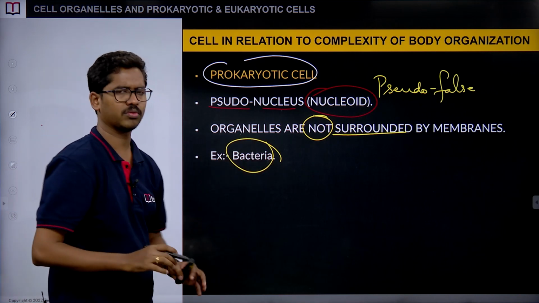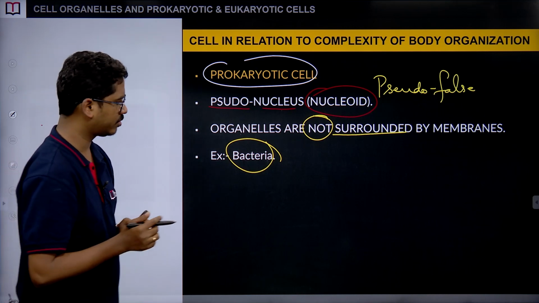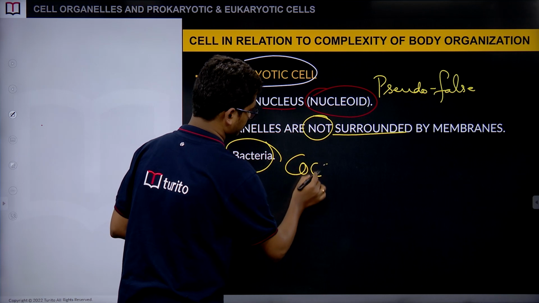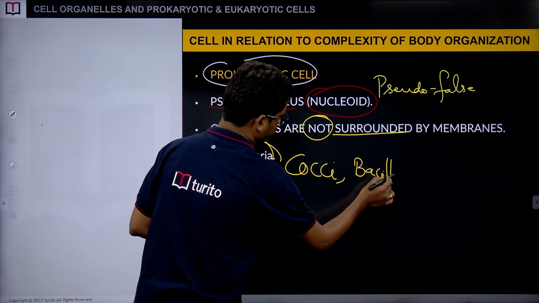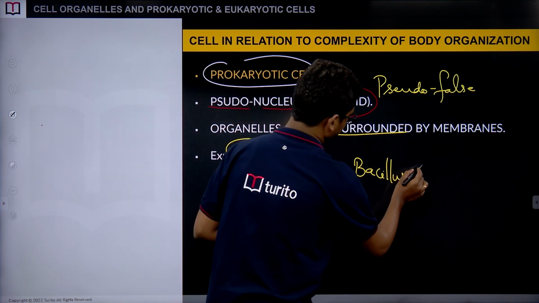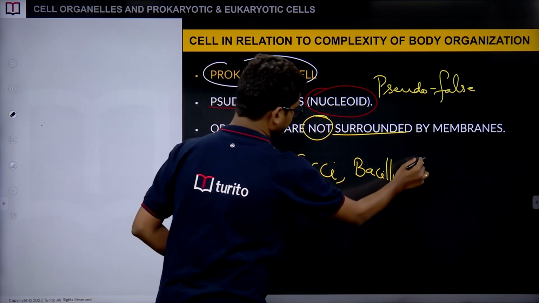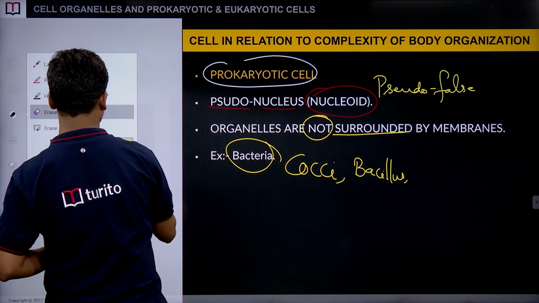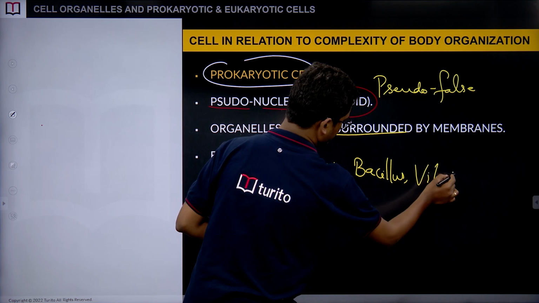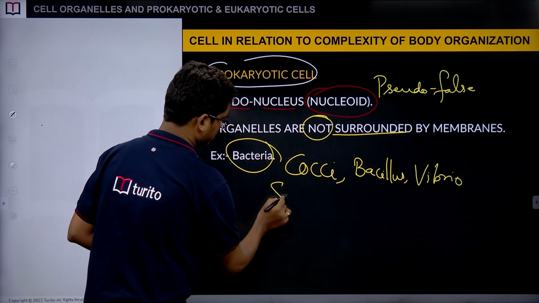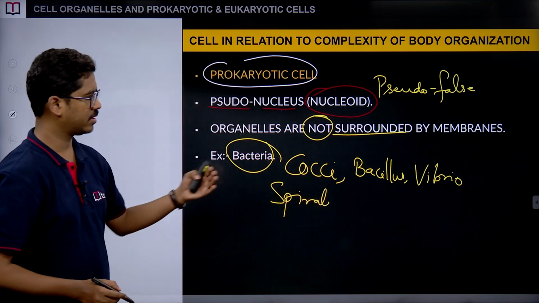When I say bacteria, there are so many types of bacteria. There are different shaped bacteria you have learned about in the lower grades, starting with cocci, bacillus, vibrio, spiral.